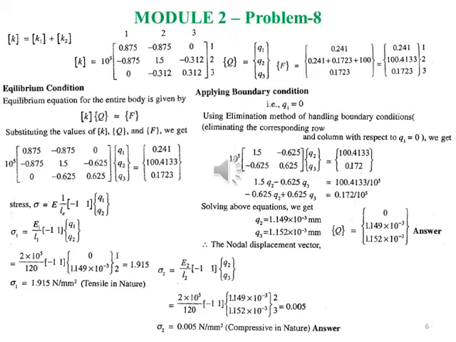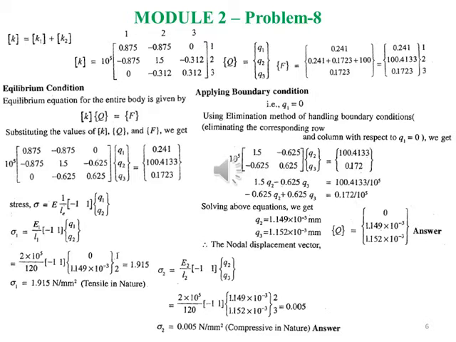So adding the global stiffness matrix, arriving at the value of Q and arriving at the value of F, we get the equilibrium condition K into Q is equal to F. Substituting the value of K and the value of F, we get the equation K into Q equal to F as 10 power 5 into 0.875 minus 0.875 0, minus 0.875 1.5, minus 0.625, 0 minus 0.625 plus 0.625.